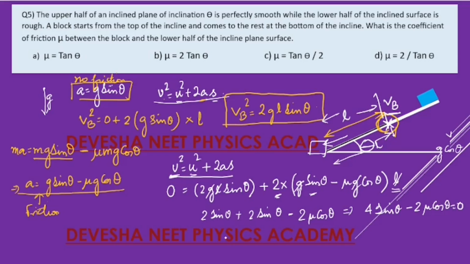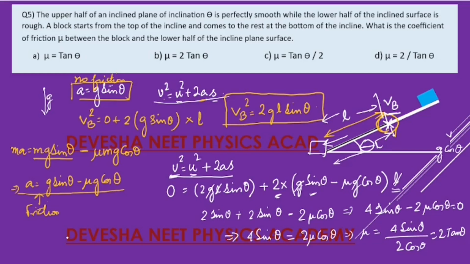So that means 4 sine theta is equal to 2 mu cos theta. So mu is equal to 4 sine theta upon 2 cos theta, which is equal to 2 tan theta.